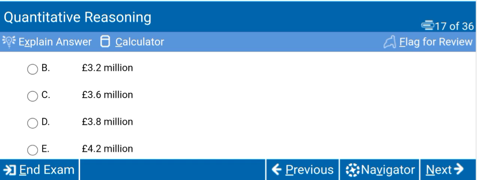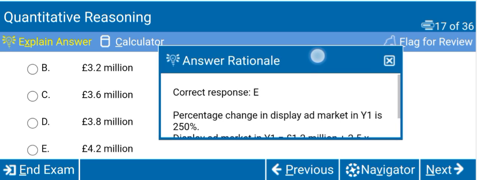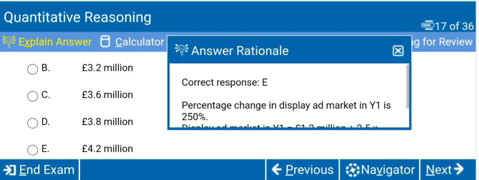And then we have option E, which is 4.2 million pounds. Okay, so here we have these options, and the correct option is option E.